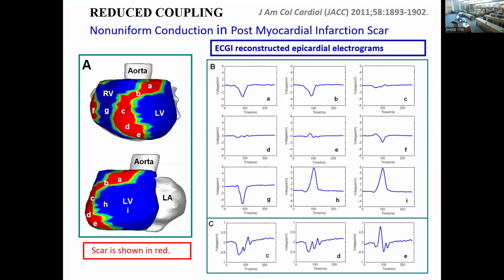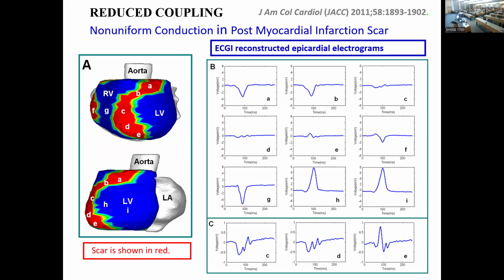So here are some results related to scars. First of all, these are electrograms. H, I, and G are taken in the blue region, where the red region shows a region of scar. You can see that away from the scar, the electrogram is a single deflection, very robust and of large voltage.